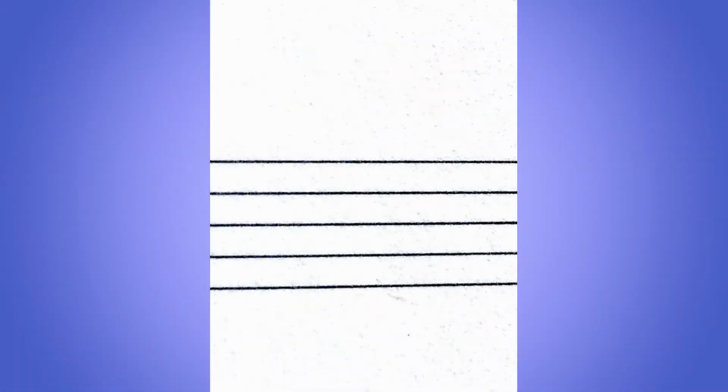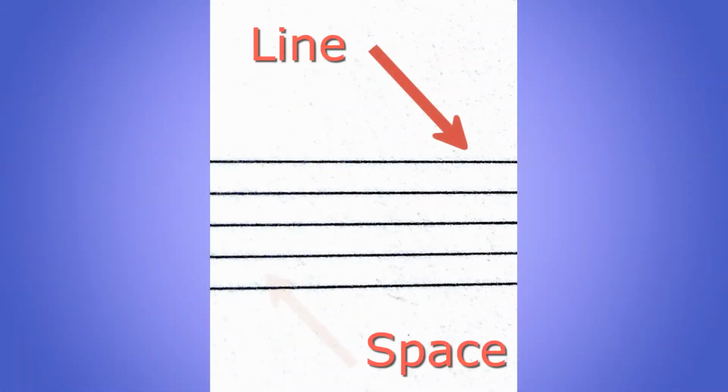Well, first we need to talk about a staff. This is a staff. It's made up of 5 lines and the 4 spaces between those 5 lines. Okay? That's our staff. Each line and space in that staff gets assigned its own letter of that musical alphabet. On a staff, these 5 lines and 4 spaces, they each have a number.